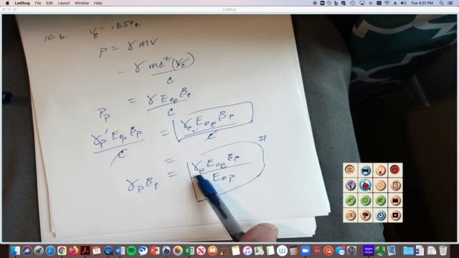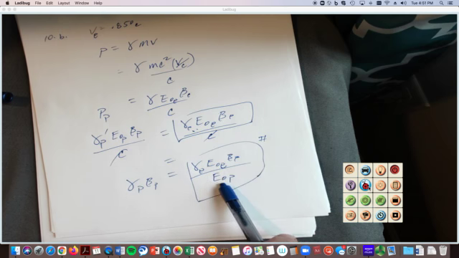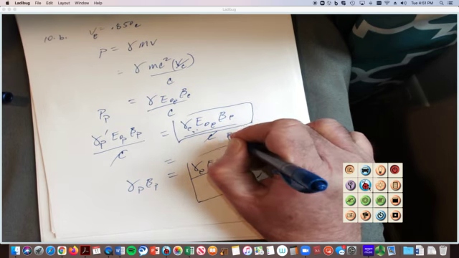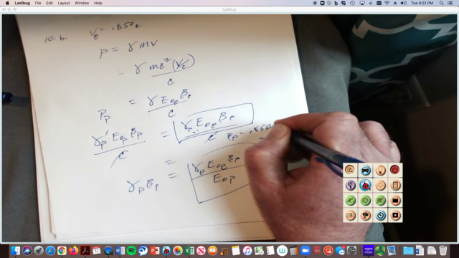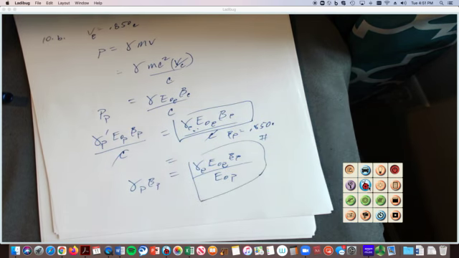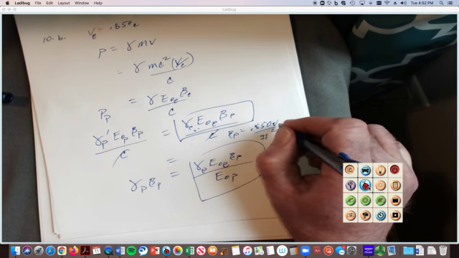Because you can calculate this. This is the 0.511 mega electron volts. This is the 938 mega electron volts. And beta E in this case is 0.850c, so v over c.